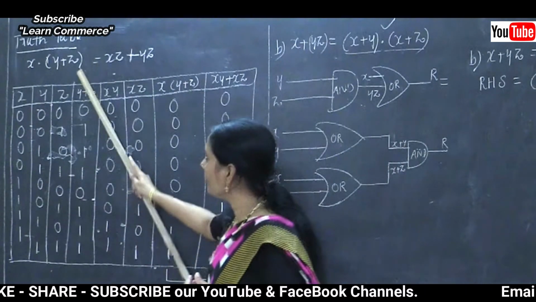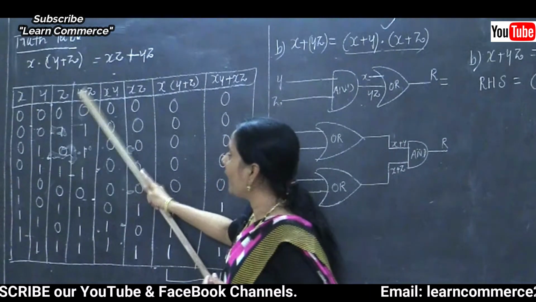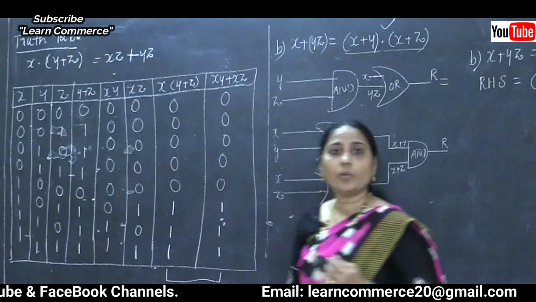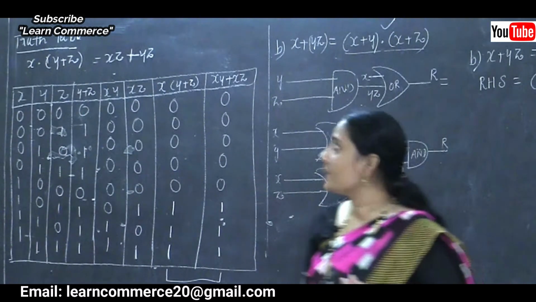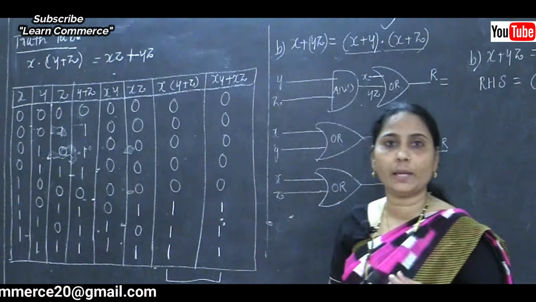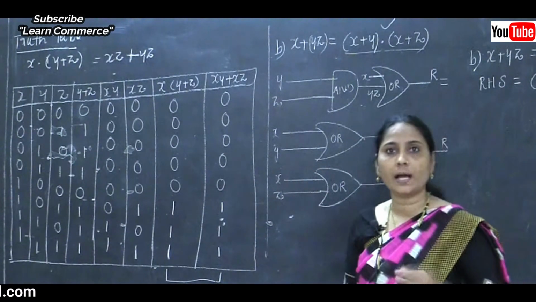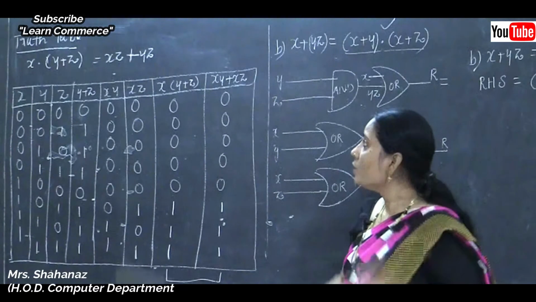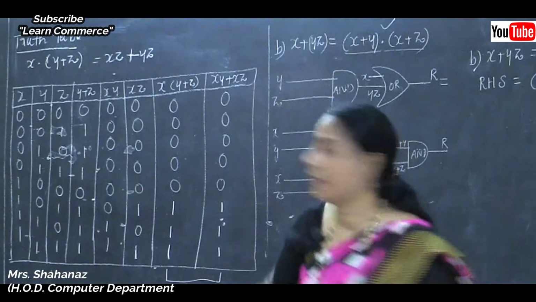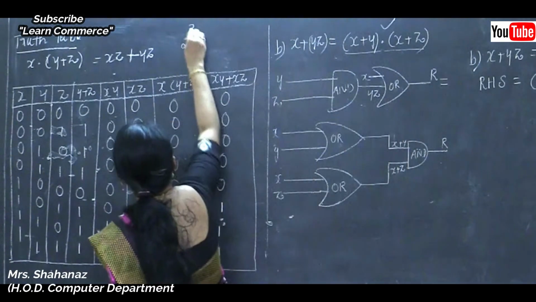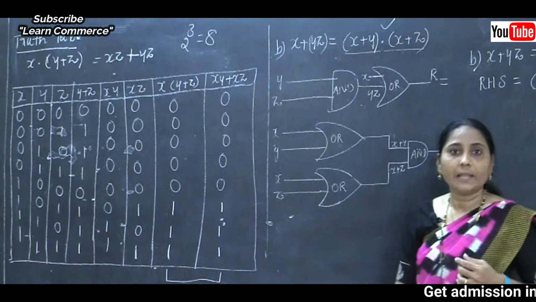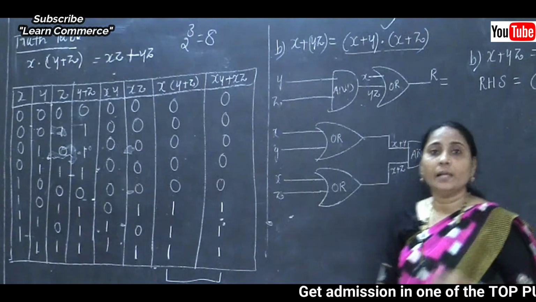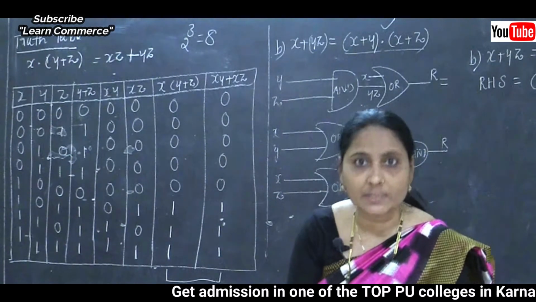So in our truth table, first of all we check how many variables there are. When you observe this expression, there are 3 variables in total: x, y, z. If 3 variables are there, we calculate 2 to the power of 3, which is 8, so 8 rows, that is 0 to 7.